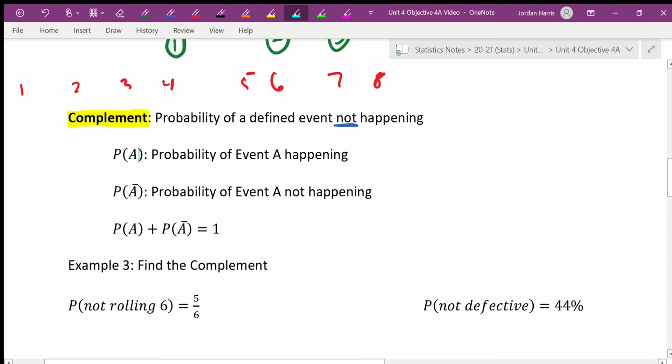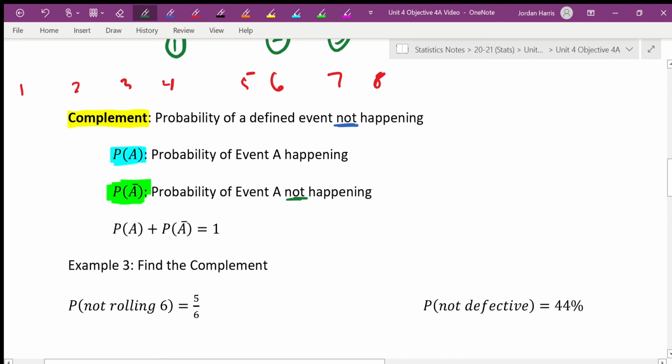This is the variables here, P of A. Capital P represents probability, and then the event in the middle. So event A, we haven't defined it specifically yet, but then we have the complement. Notice the difference here. I'll use different colors so it's more clear. This is the event not happening. This is the complement, the opposite, and it's just a bar. So the probability of A bar.